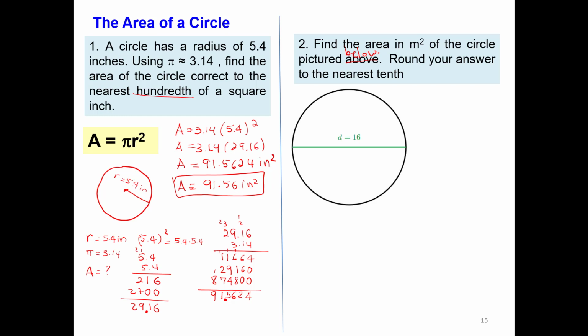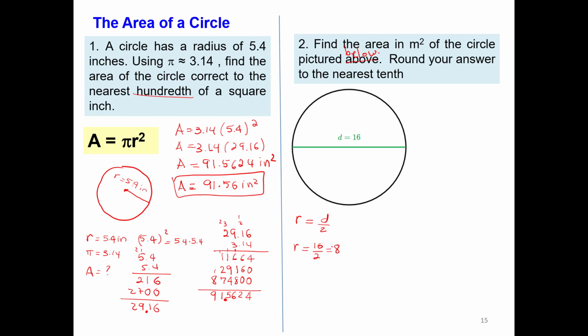But we know the radius is half of the diameter. Yes, it's half of the diameter. Then we can calculate the radius: 16 divided by 2, which is 8.